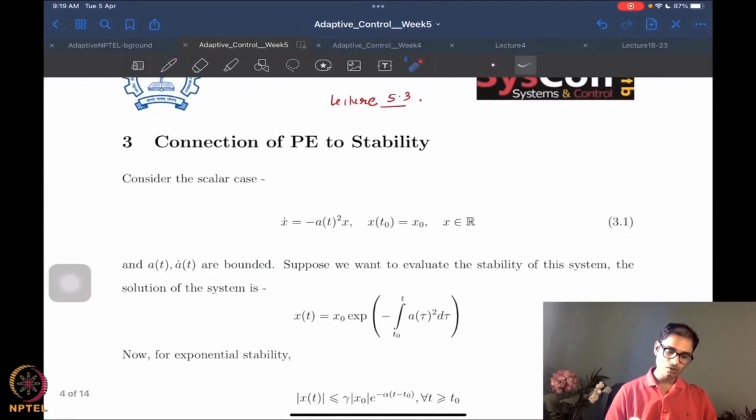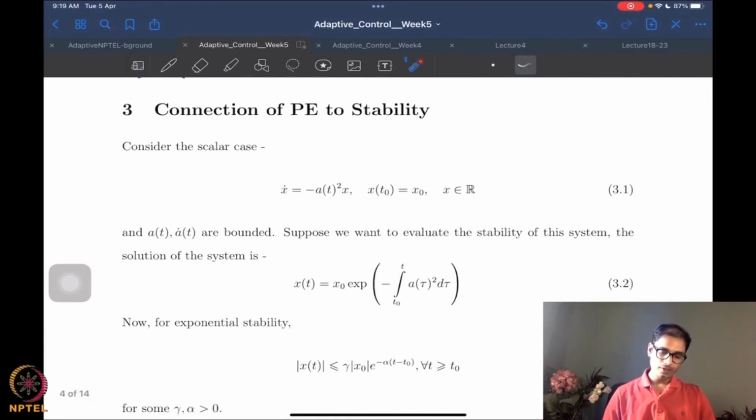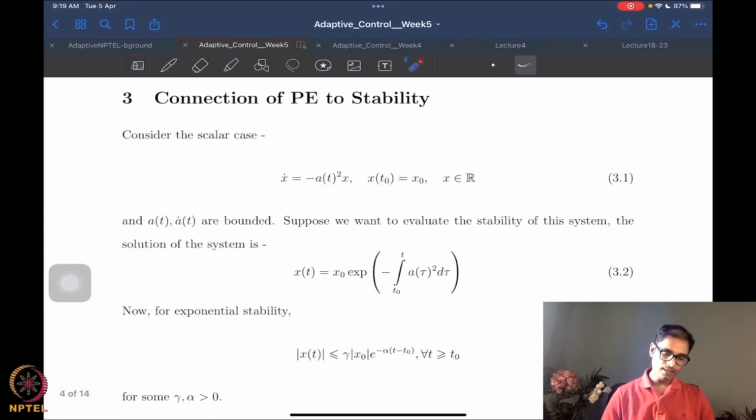Let's look at a rather simple scalar problem, which is that of a system which looks like this, where it's just a scalar system, but what we are told is that A and A dot are bounded.